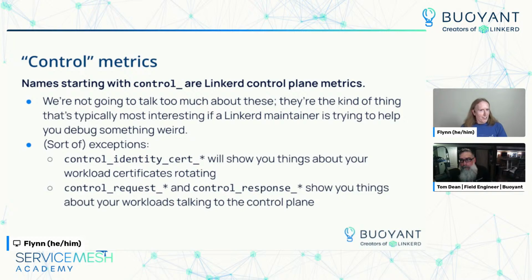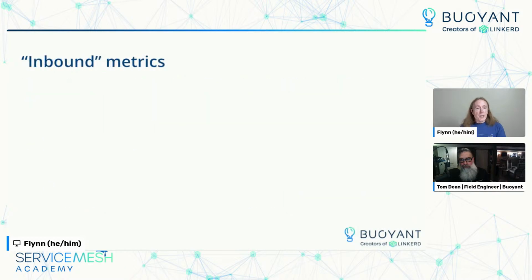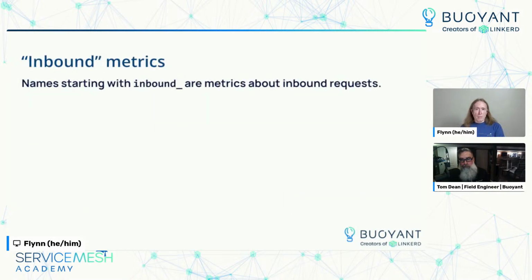Hopefully the workload certs you can't forget about, but there's also these control request and control response metrics that can show you things about your individual proxies talking to the control plane, which again, might be kind of fun to look at, although probably more useful when you're seeing some problem and need to talk to a maintainer about it. We have some inbound metrics, which are metrics about inbound requests.